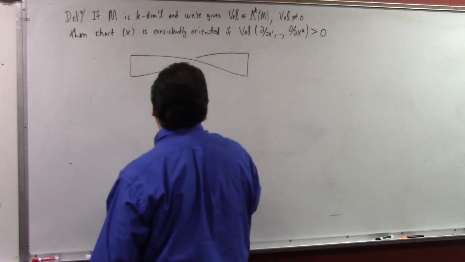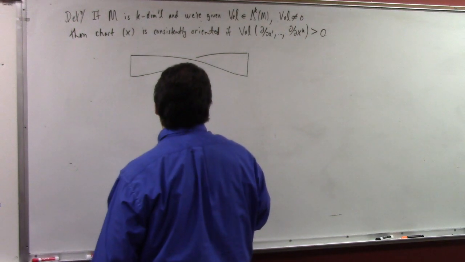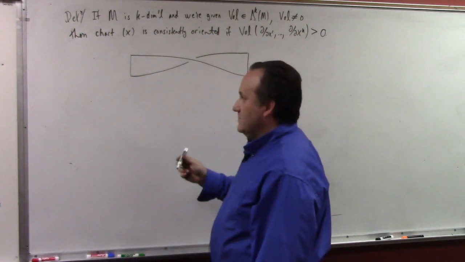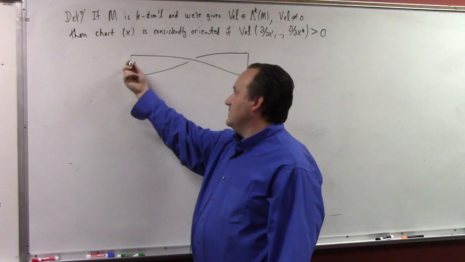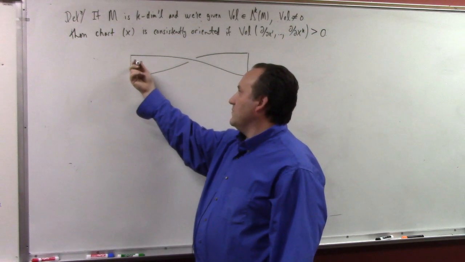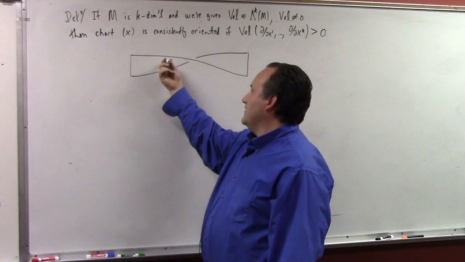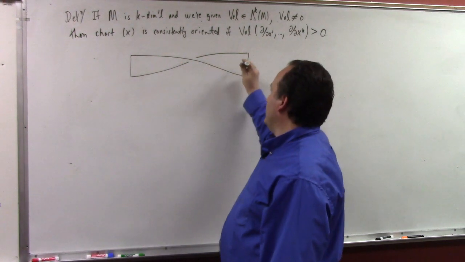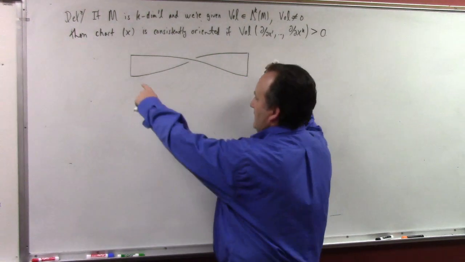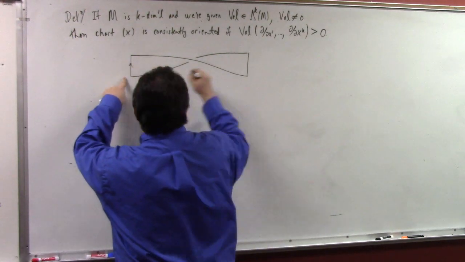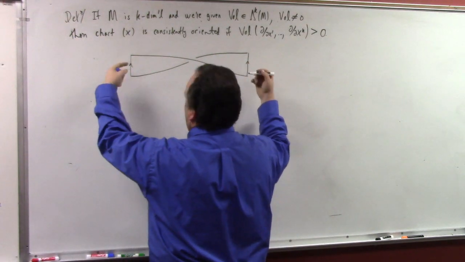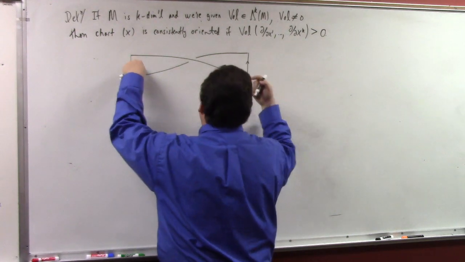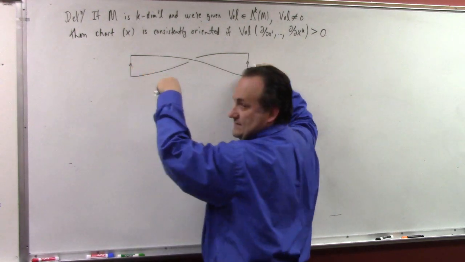I'm not very good at drawing it, but the normal will be pointing out on this side, but then it's pointing in on that side. So if you try to join this point and that point, you get the normal pointing in on this side, but the normal pointing out on that side.